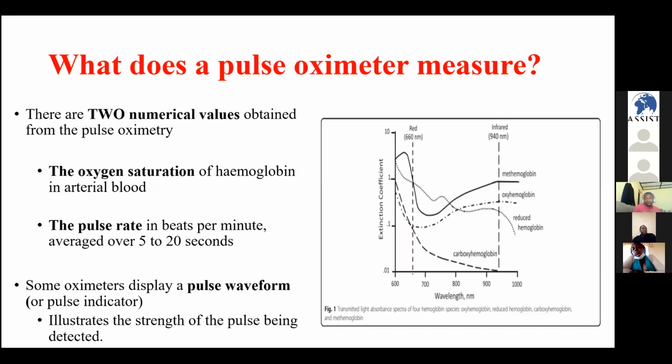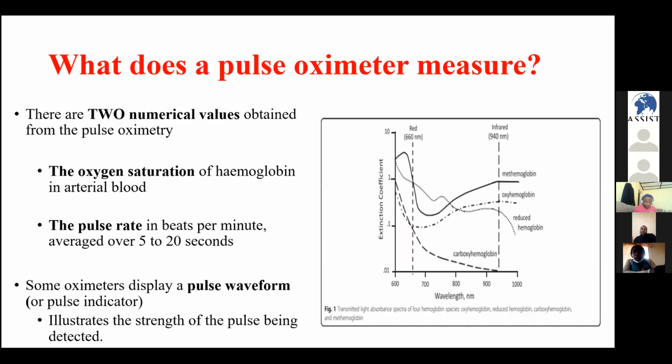You can detect the hypoxemia level if it is mild, moderate, or severe. But you also record the pulse rate, which is calculated by the machine using an average of between 5 to 20 seconds.